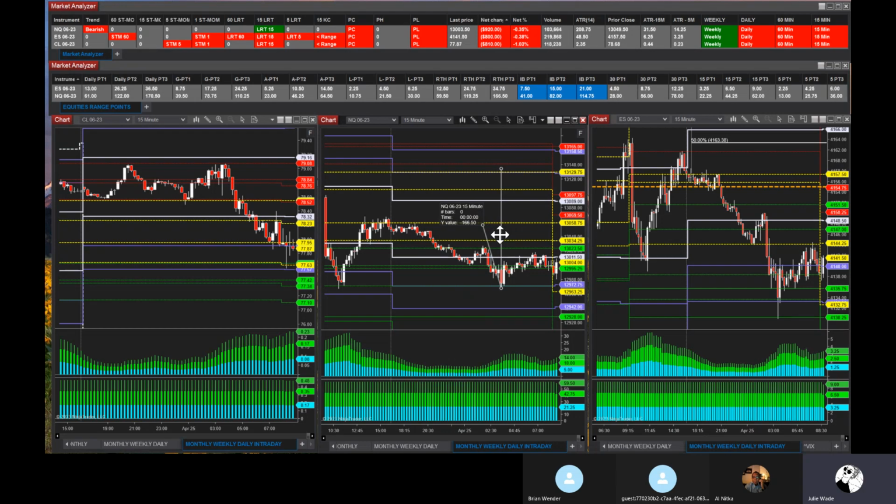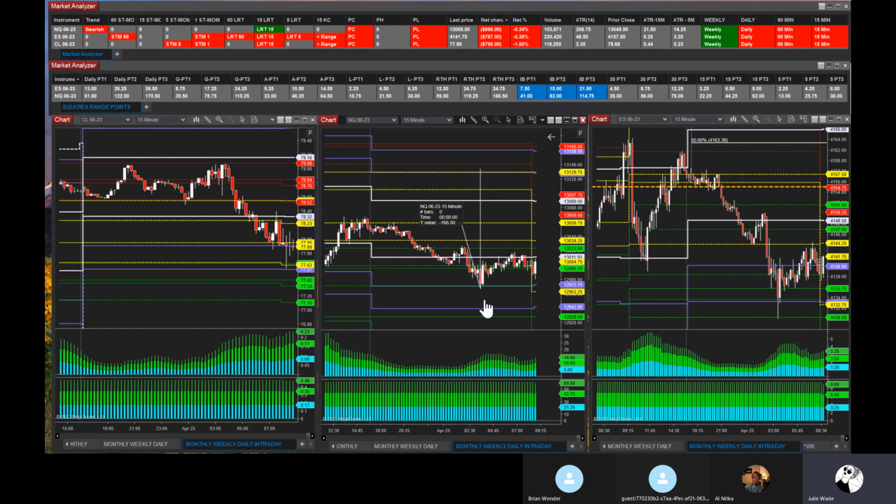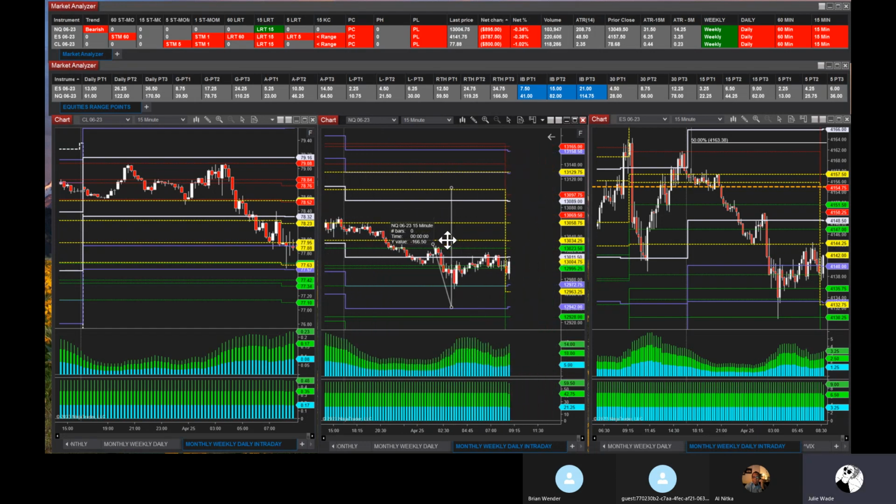So you can measure from your highest or lowest point and see what the total range would be. Start trailing it as it goes down.